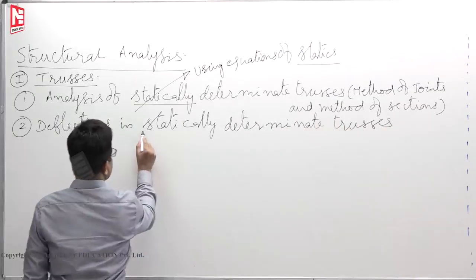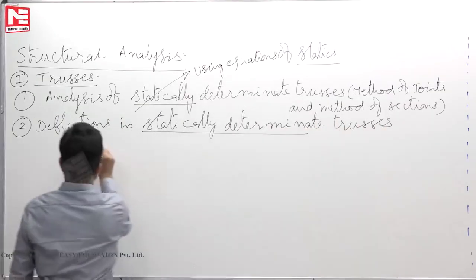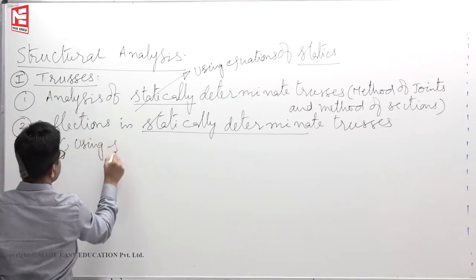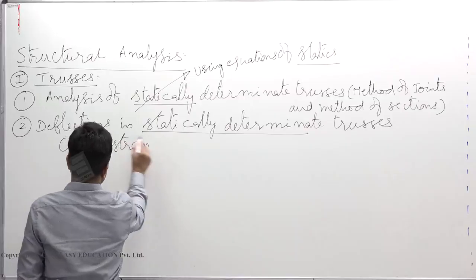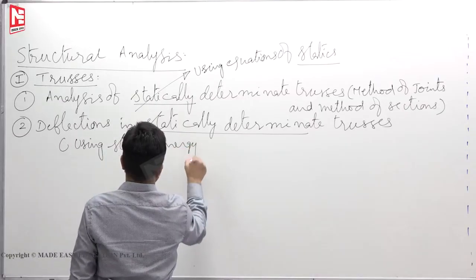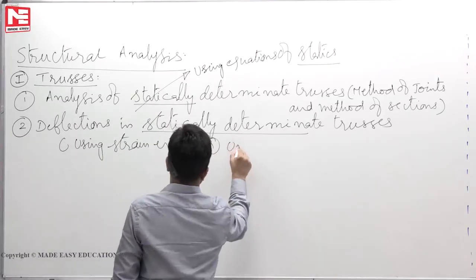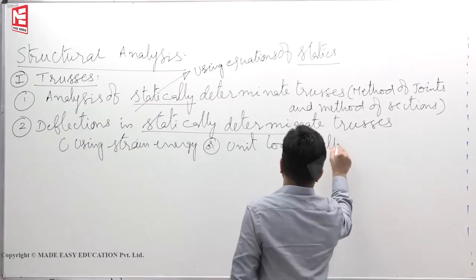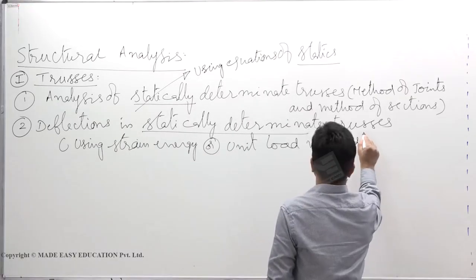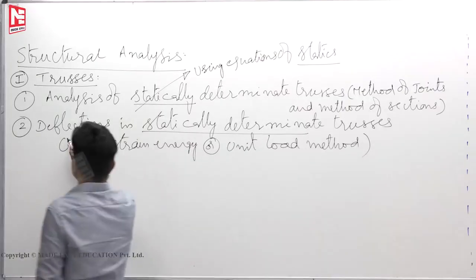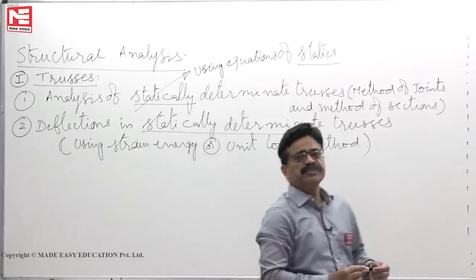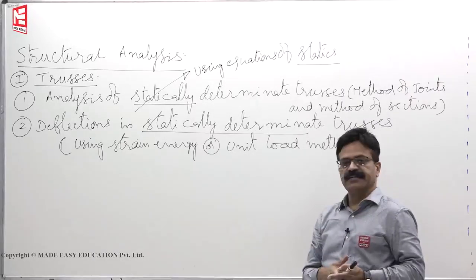We use statically determinate again, using strain energy method or unit load method. Strain energy method or unit load method both mean the same. Then why should we study the deflections?